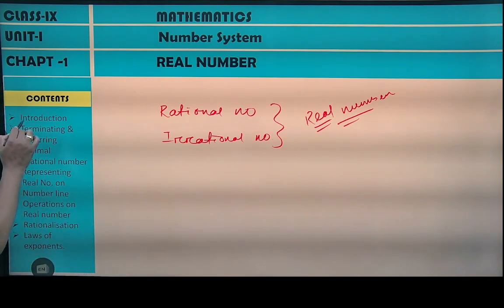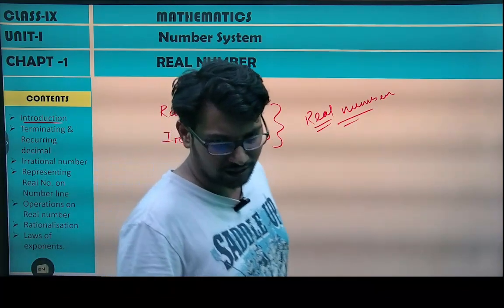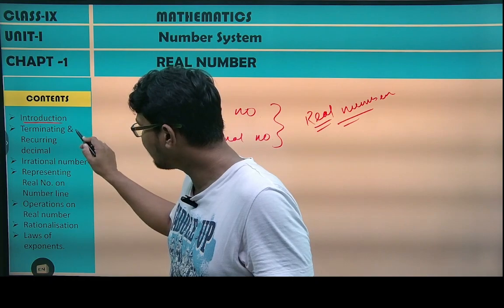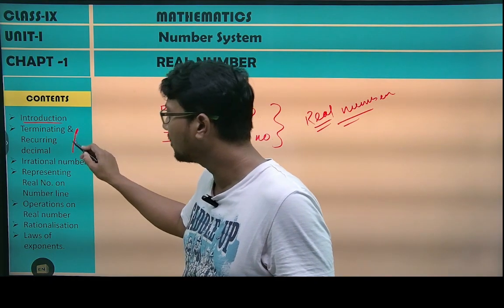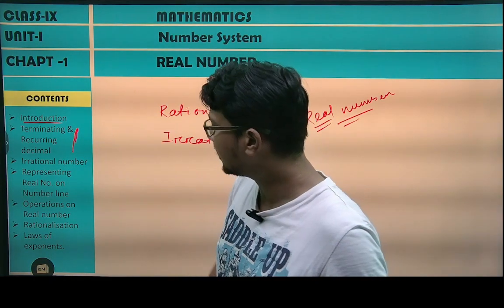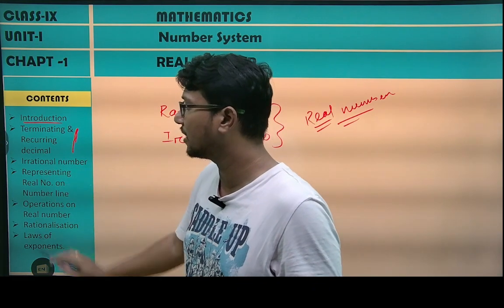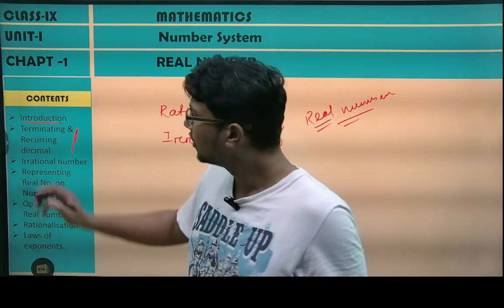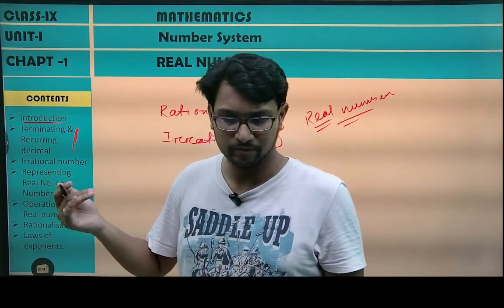That is given here. You check our introduction. Introduction means what is rational number we are going to study once again, and what is the decimal representation of a rational number, that is terminating and recurring decimal, which is new for you, right? You know the thing, but the name is new, but the value you know.